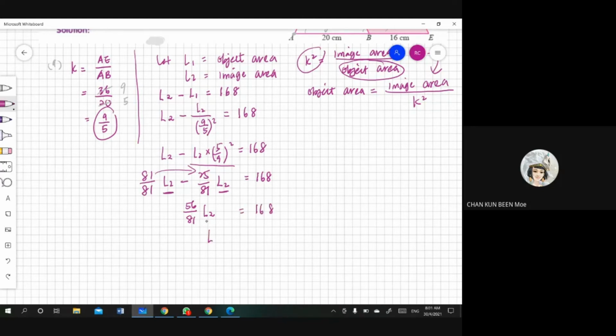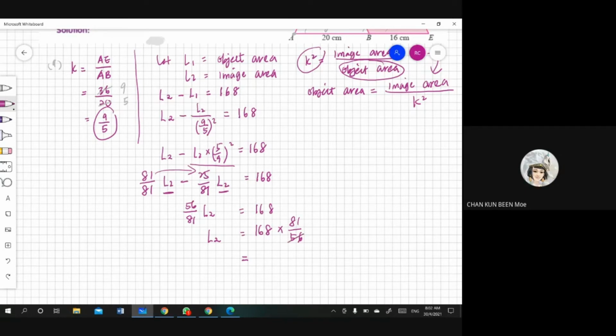Then we can get our image already. It is equal to 168. So send the 56 over 81 to the right, becomes multiplied by 81 over 56. So you are going to get your area of image is equal to how much, class? Let me try. 243.